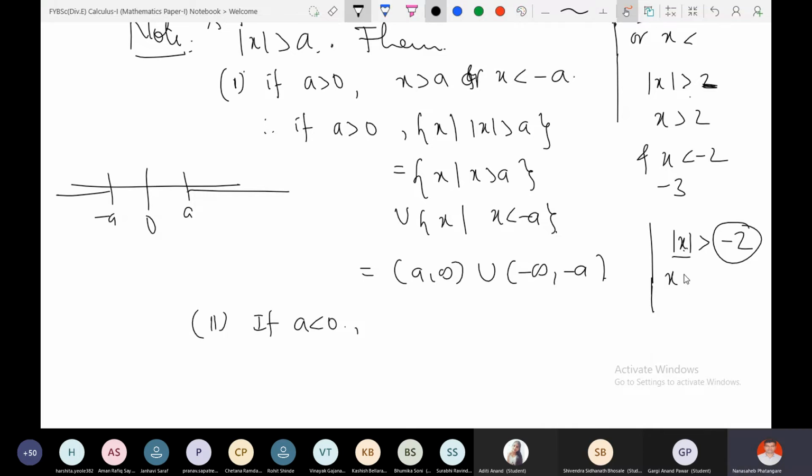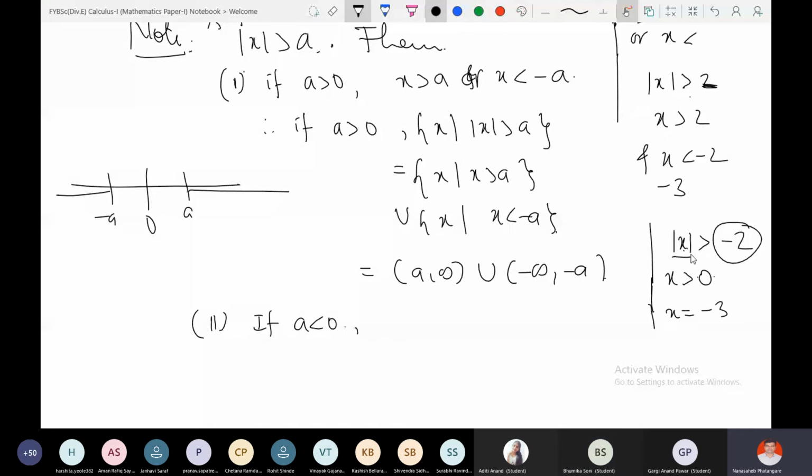That means all positive numbers will satisfy this. Now which negative numbers will satisfy this? Suppose x is equal to -3.